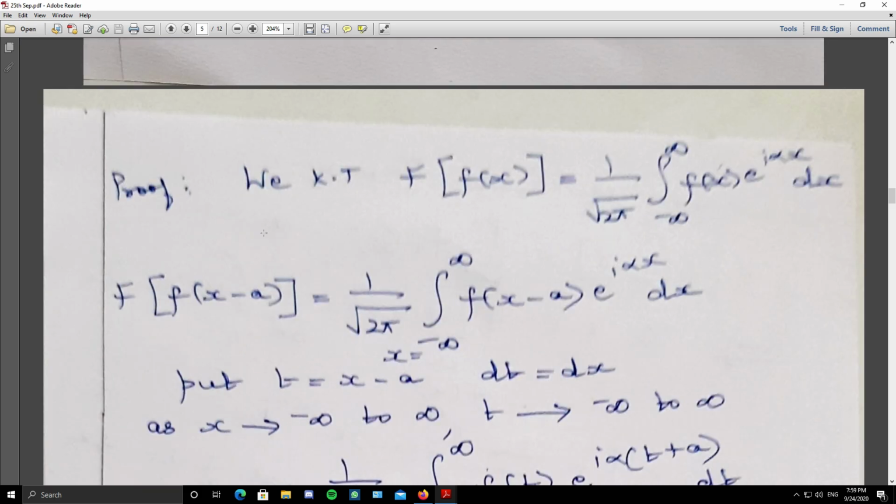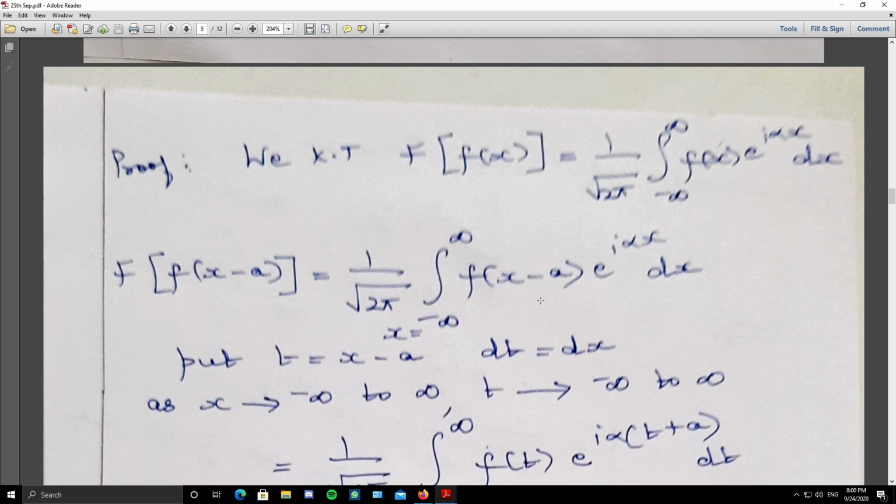So replace f of x by f of x minus a: 1 by root of 2 pi integral minus infinity to infinity f of x minus a e power i alpha x dx. Then you take t is x minus a. So dt is dx.